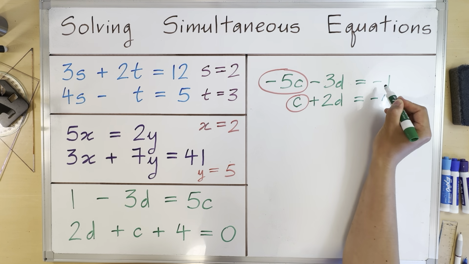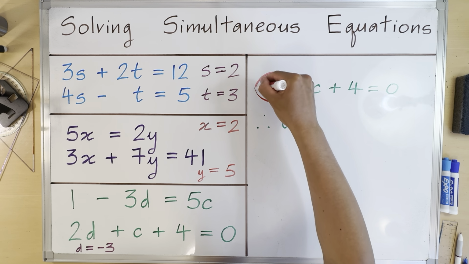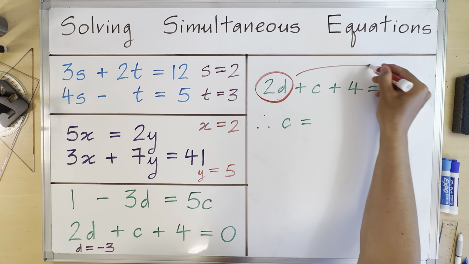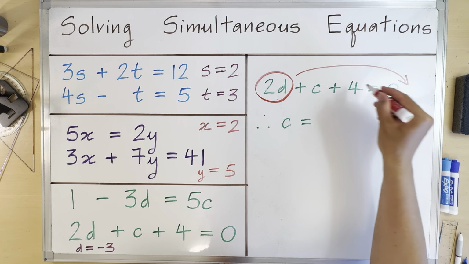So 2d plus c plus 4 is equal to 0. And so therefore, this means that c is equal to, so we're going to move the positive 2d from the left side of the equation to the right side of the equation, and we'll do the same thing with positive 4 as well.